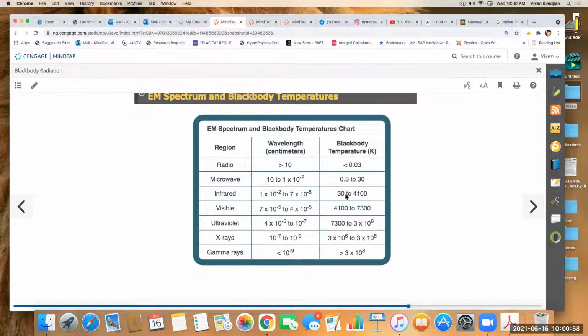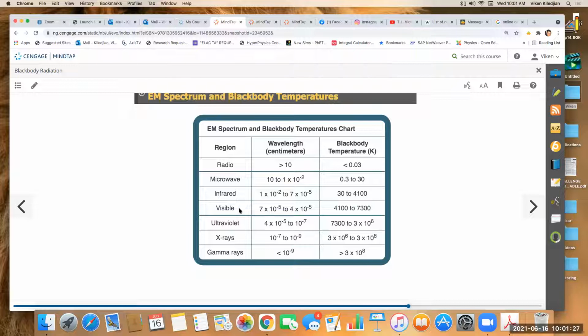So our body is at the colder end of this region, and our radiation is dominant in the infrared. And so is the radiation of all the things around us at room temperature: desks, refrigerators, cars, they're all radiating in the infrared.